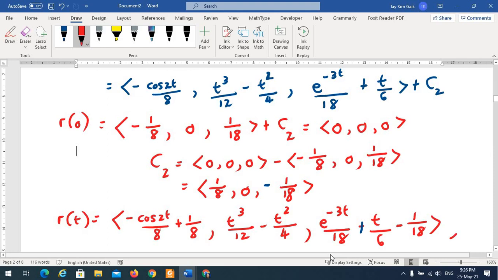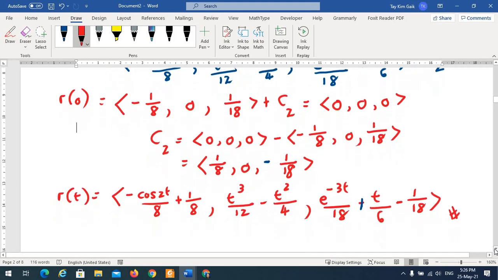So this is the answer for the position vector. So any questions here?